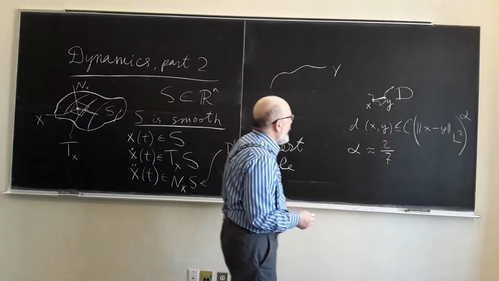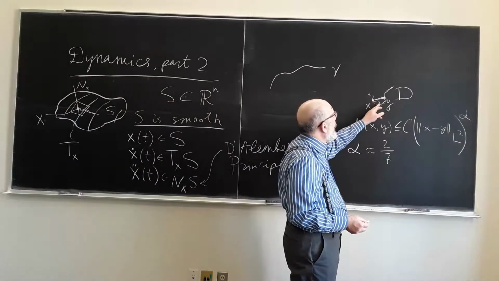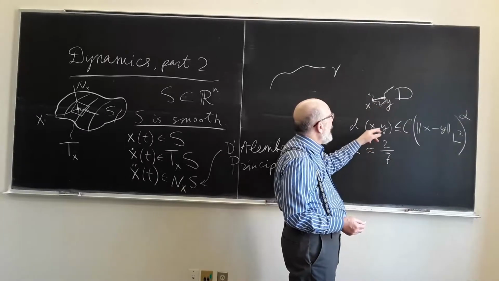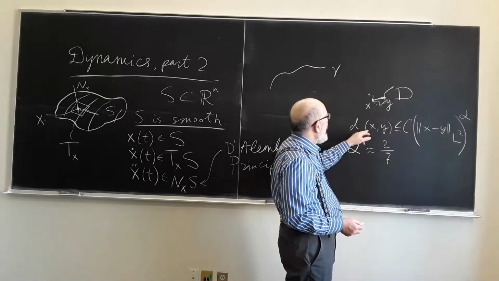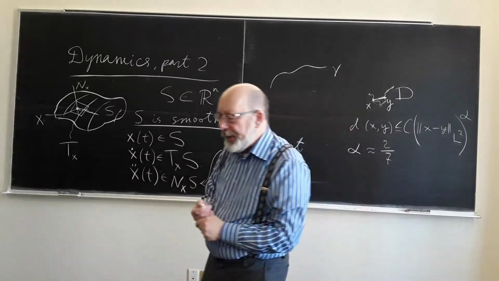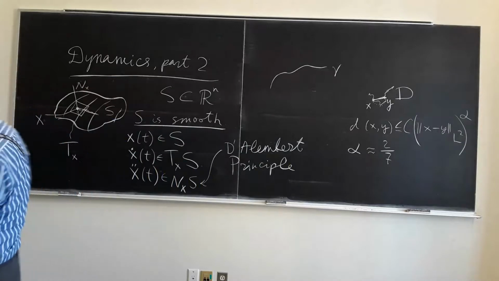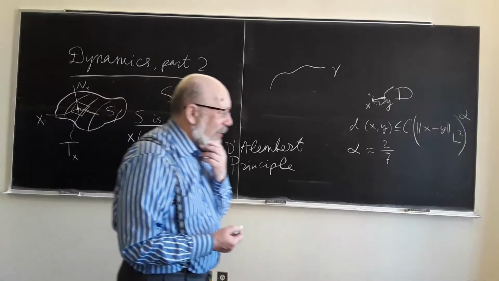So we have this set such that distance along this set can be estimated through the distance along the straight segment like this. How to compare with a smooth manifold?